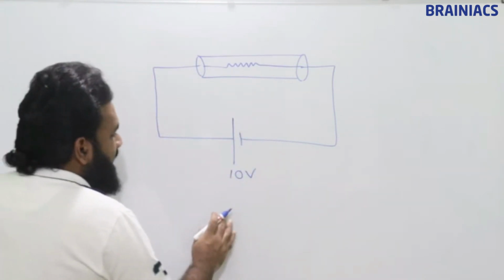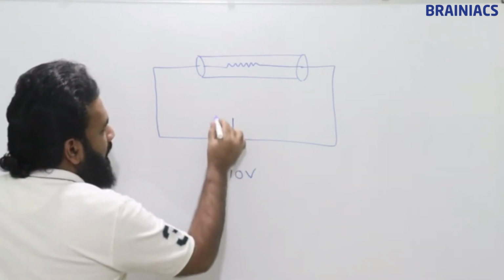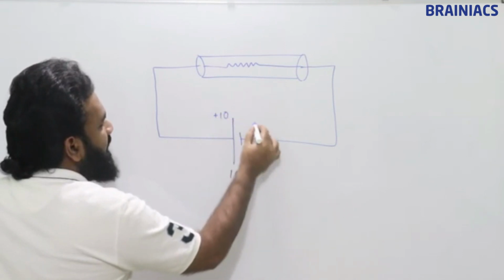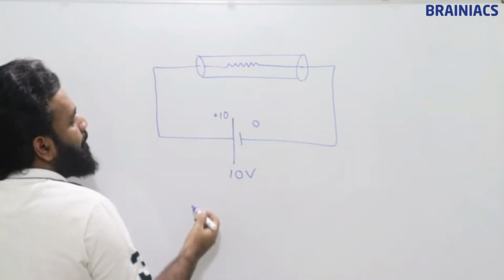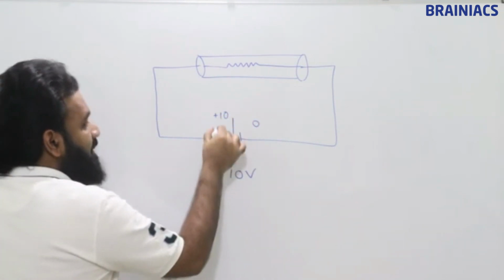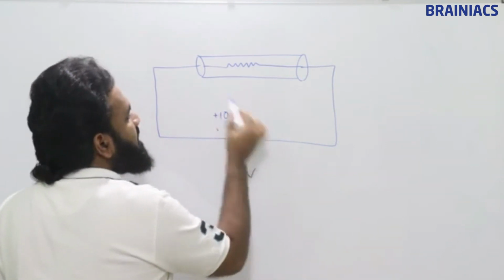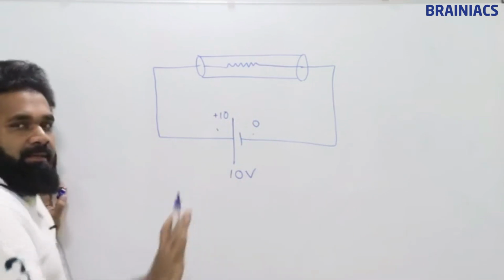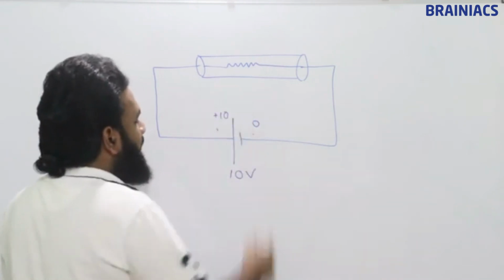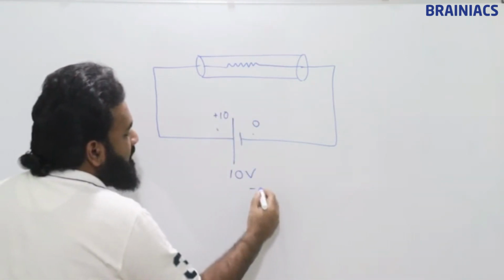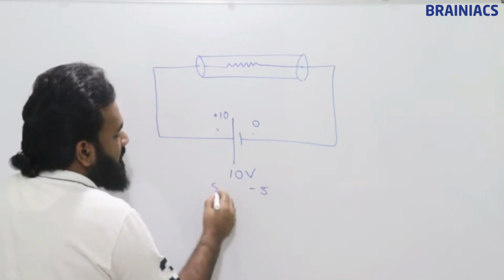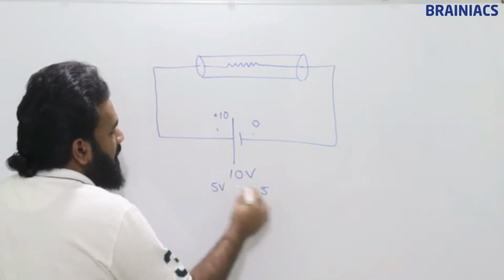So either I can have plus 10 here and 0 volt here. The potential difference between this terminal and this terminal is nothing but 10 volt. That's it. This could be 0, this could be 10. Or otherwise this could be minus 5 and this could be 5 volt.